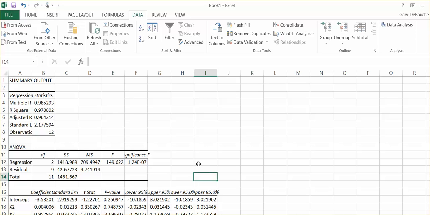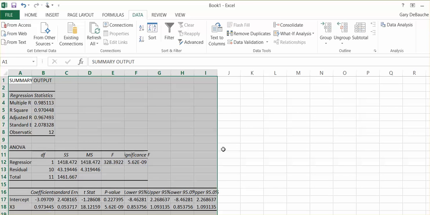So the proverbial bottom line, when I look at the equation, it's x3. This would be the equation: y is equal to negative 3.097 plus 0.97 x3. And that would be your best regression equation to use to forecast whatever y was all about.